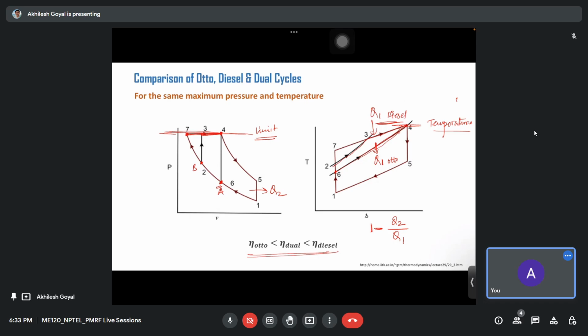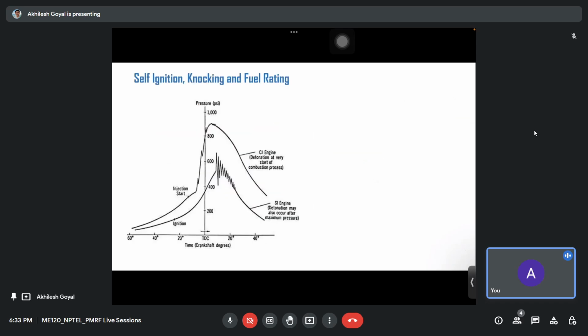Now there is an interesting phenomenon here, that is self ignition. Self ignition results in knocking, and fuel rating is another concept. So what is self ignition and knocking?